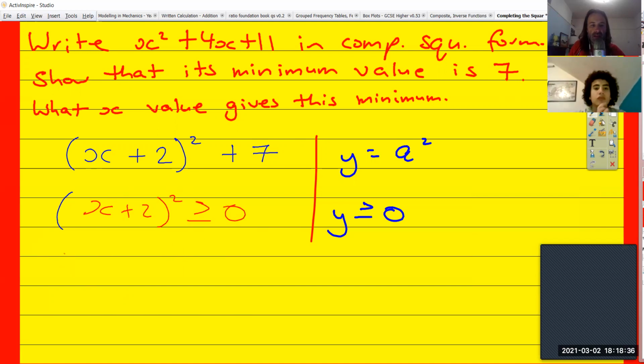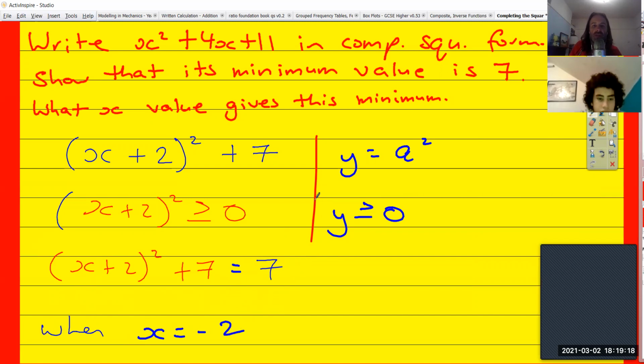And so x plus 2 squared plus 7 would always be greater than or equal to what? 7. Yeah, 7. And what x value would give you a square bracket of 0? Minus 2. That's it.